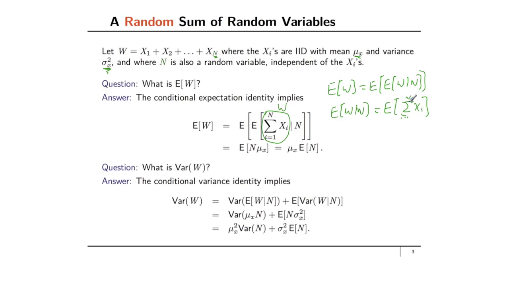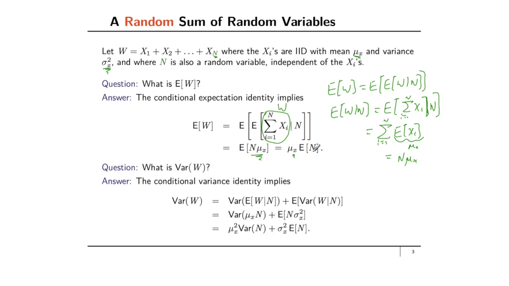Because n is a constant given n, this is equal to the sum from i equals 1 to n of the expected value of the xi's, and this is equal to mu x, and there's n terms, so that's n mu x. And that's where this comes from here. Now mu x is a constant, so we can take it outside the outer expectation, and we're left with the expected value of n. So that's how we compute the expected value of w.